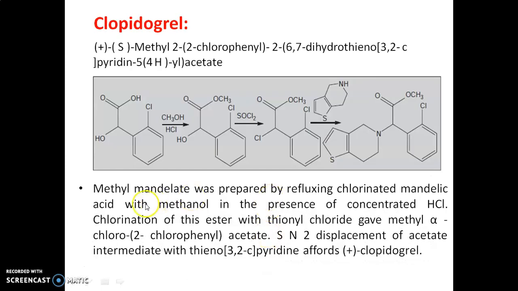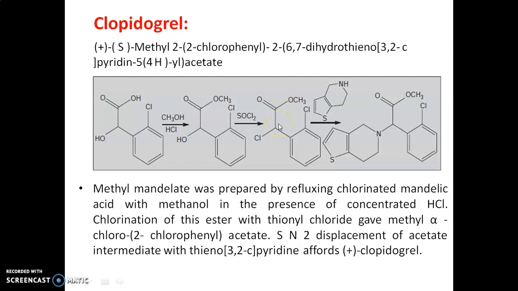Now synthesis of clopidogrel. Here it is synthesized from methyl mandelate, which was prepared by refluxing chlorinated mandelic acid with methanol in presence of concentrated HCl. Chlorination of these esters with thionyl chloride gives alpha methyl chloroacetate.